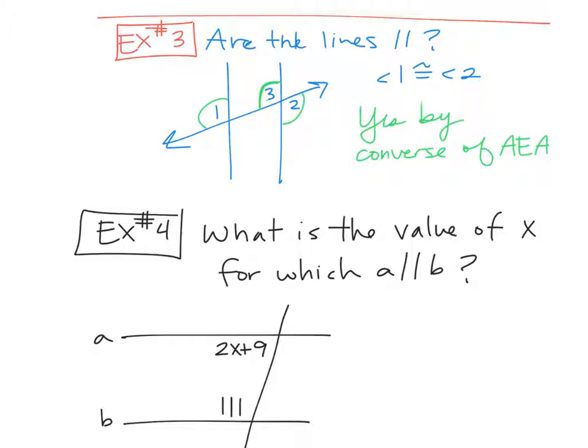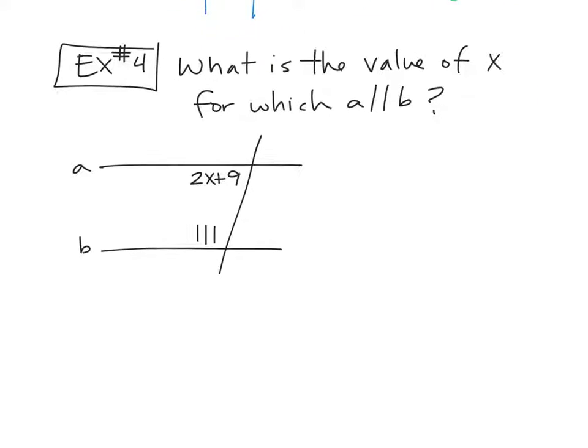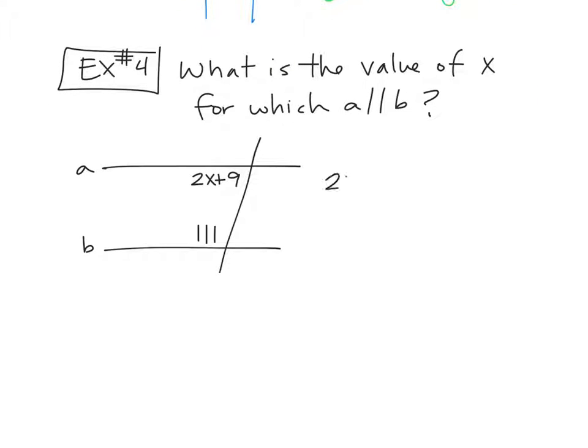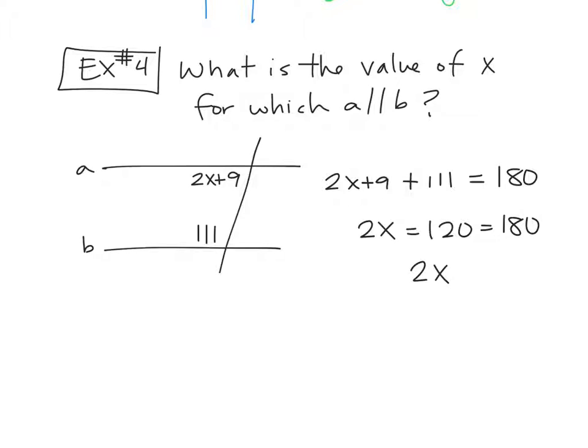So in order for those lines to be parallel, what would have to be true of those two angles? They would have to be supplementary because they're same side interiors, right? So what you're going to do is exactly what you would have done yesterday. 2x plus 9 plus 111 should equal 180. So simplify that. 2x plus 120 equals 180.